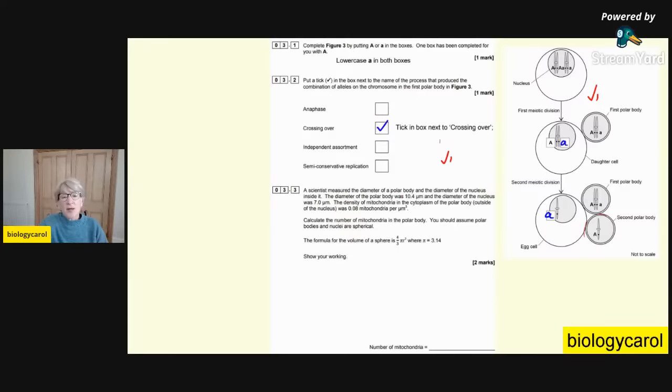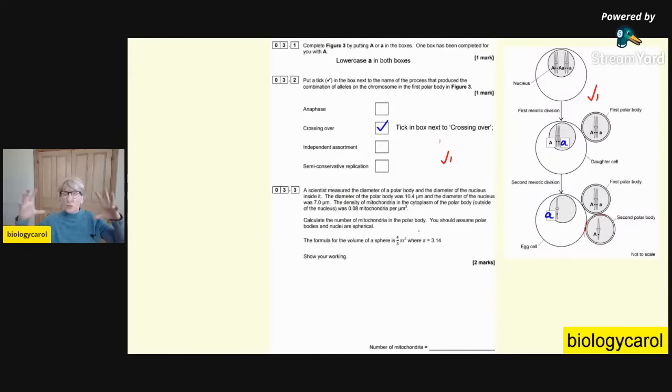So they tell you that the diameter of the polar body is 10.4 micrometers and the diameter of the nucleus is 7. And they also tell you the density, the number of mitochondria packed into a specific volume. The density of the mitochondria in the cytoplasm of the polar body is 0.8 mitochondria per micrometer cubed. So calculate the number of mitochondria in the polar body.